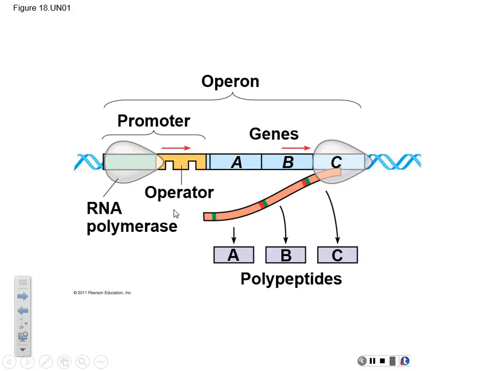There's one last piece of the puzzle. It's this word operator. And the operator is a wondrous thing. The operator is where some other protein can bind. RNA polymerase binds to the promoter sequence at -35, -10, and +1.